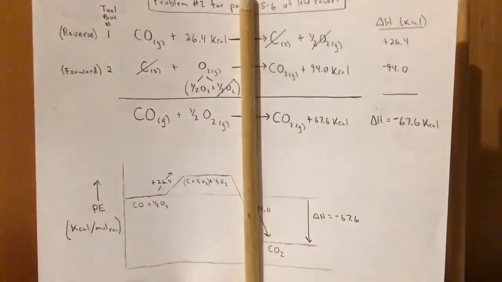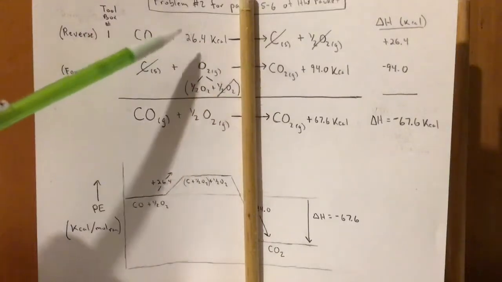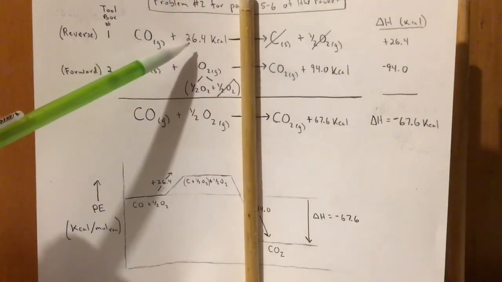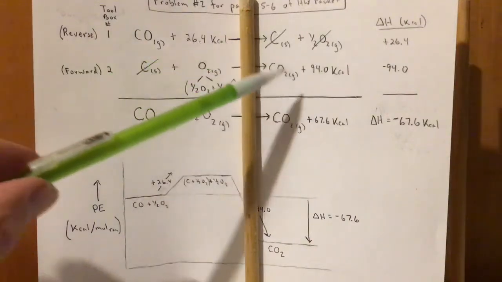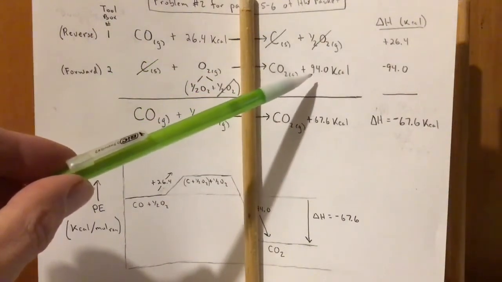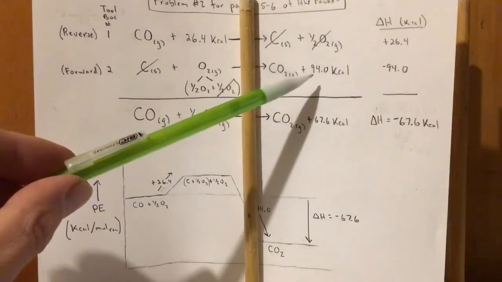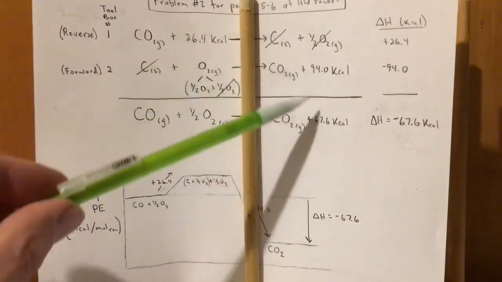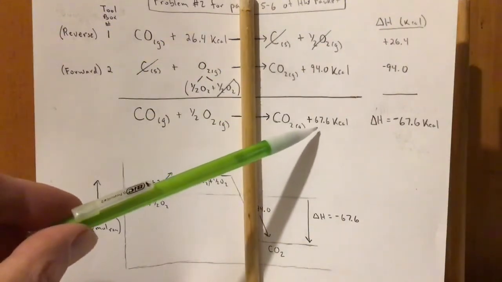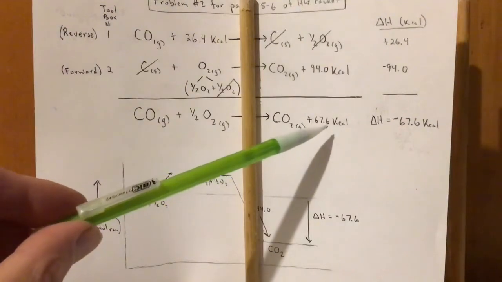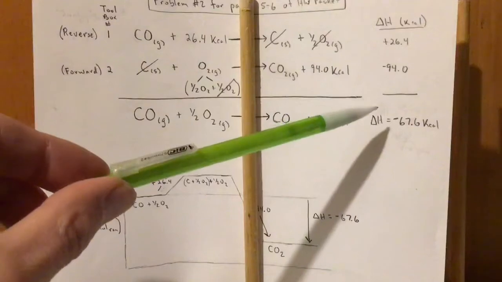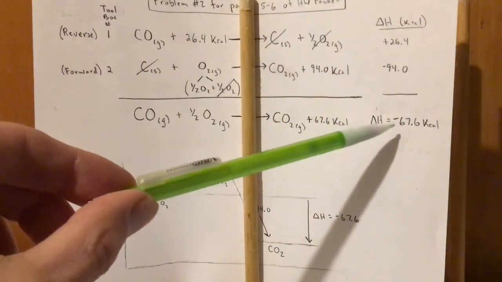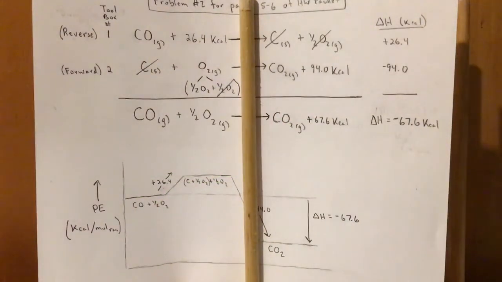Just like if I went to Treasure Island and absorbed $26.40, woohoo! Then I go back and I release $94, I have a net loss. What's the net loss? It's the difference between the two amounts. In this case, it would be $67.60. Or if I said, what was your net effect of going? It would be negative 67.6 because I lost money when I was there.